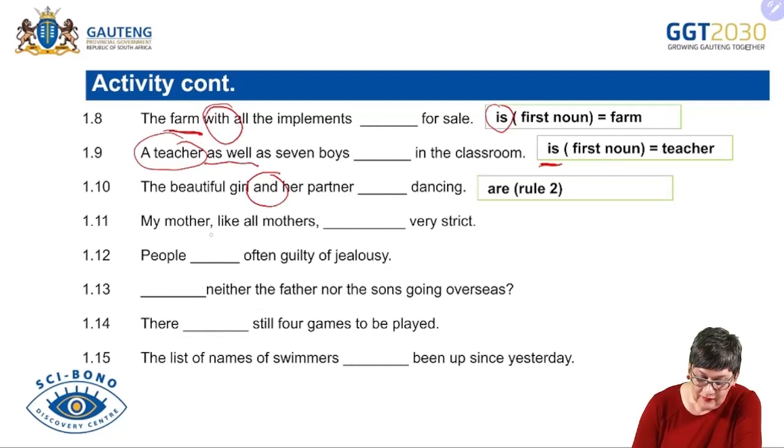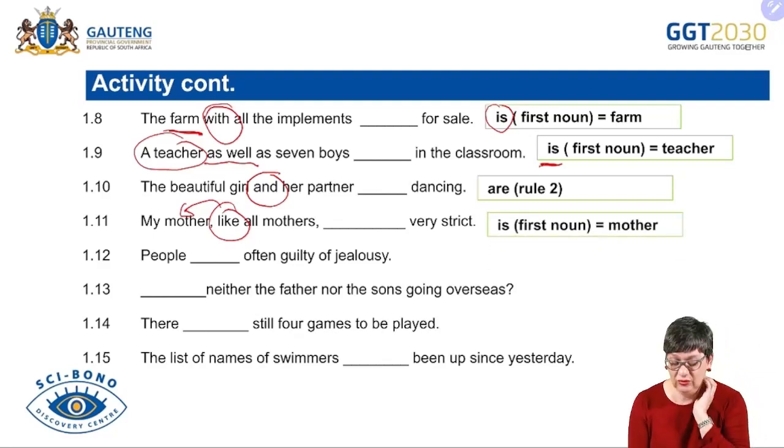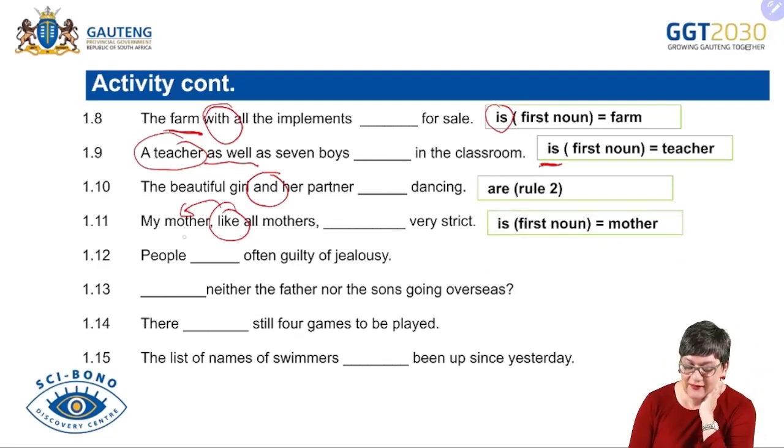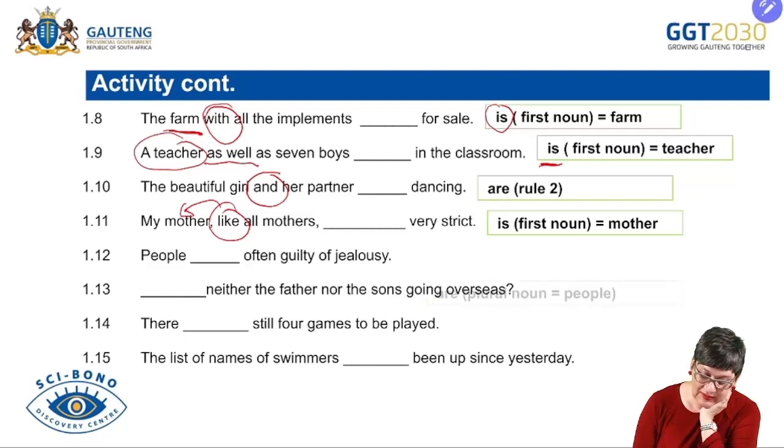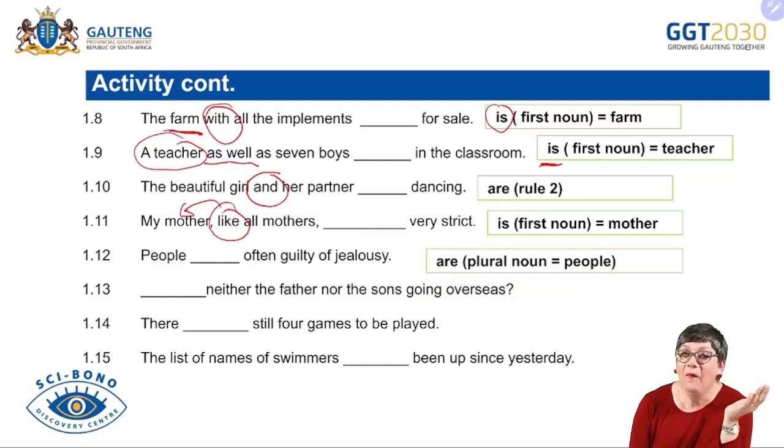My mother, like all mothers, now remember like, always use the first one. Can you see how you have to know your rules? Is, because mother is singular. People often guilty of jealousy now. What do you think people are? Is it people is or people are? No, obviously it's are, because people are a lot of people.